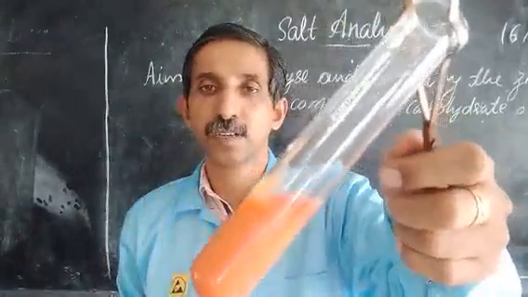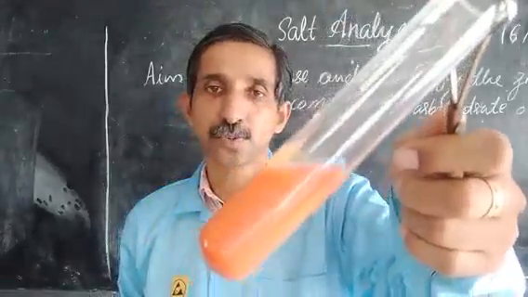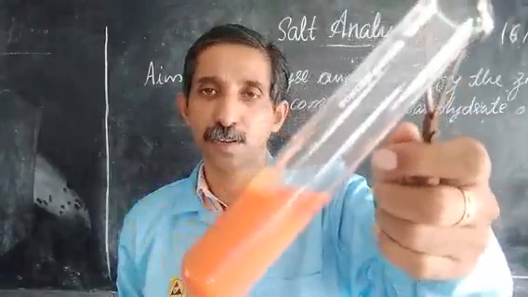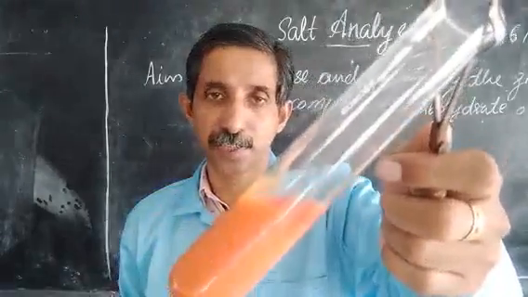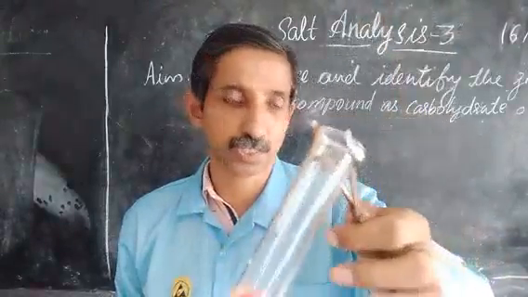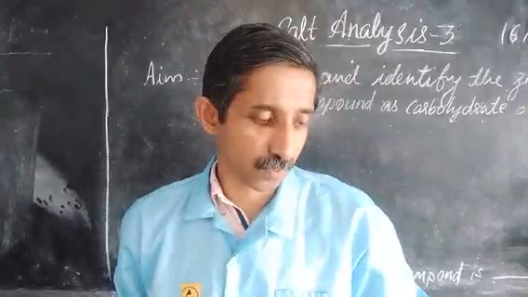Earlier it was a dark blue colored solution, and its color got changed to a sort of brown colored precipitate. This is deposition of copper. Copper is precipitated out.